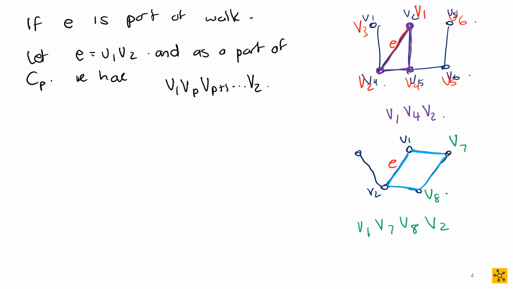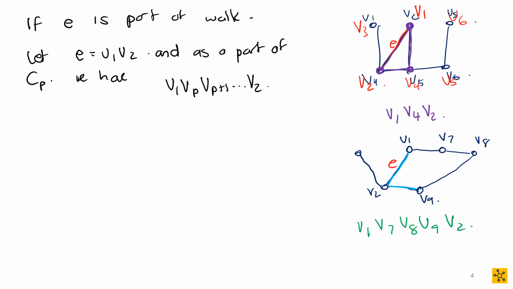The dot, dot, dot means that it doesn't necessarily have to go from VP plus 1 to V2, because you could have had a cycle with more edges in, so you could have had something like this. So you would have had your V7, your V8, and your V9. And then your V2.